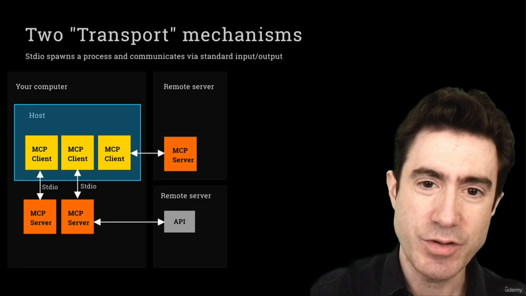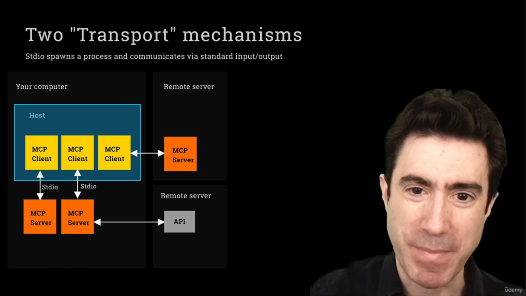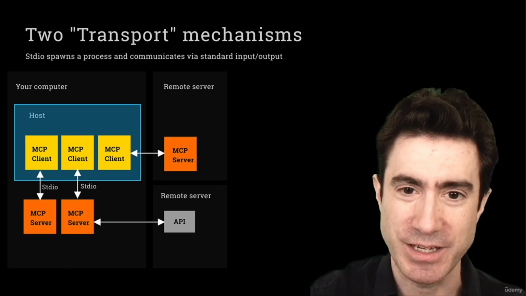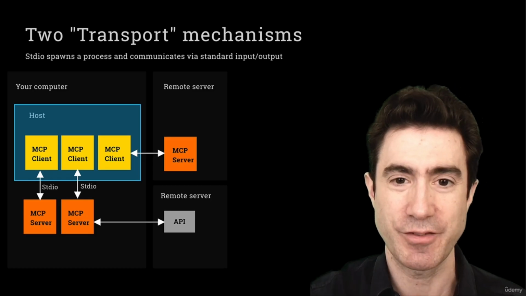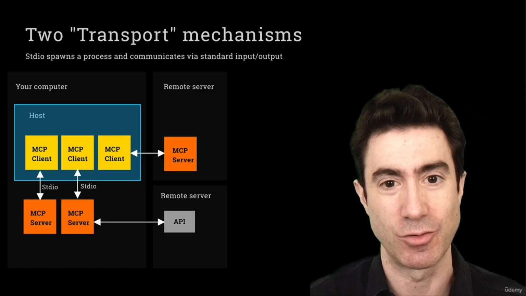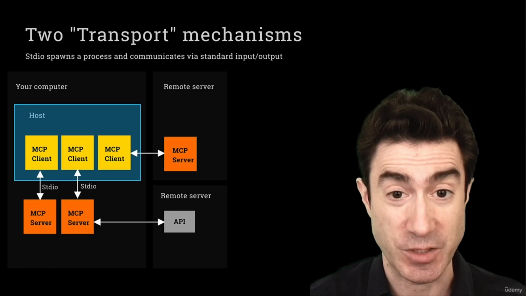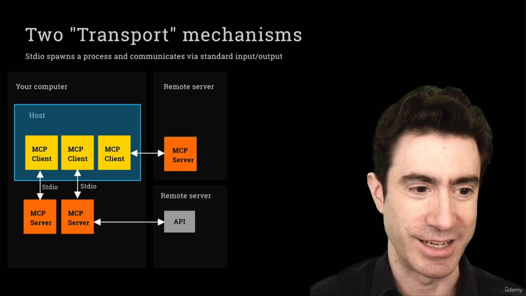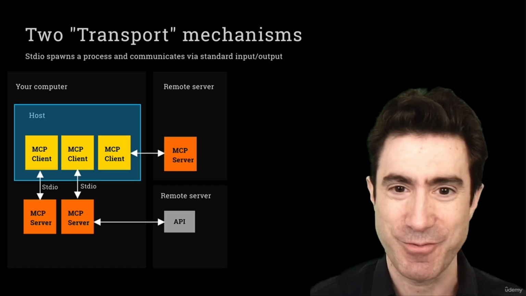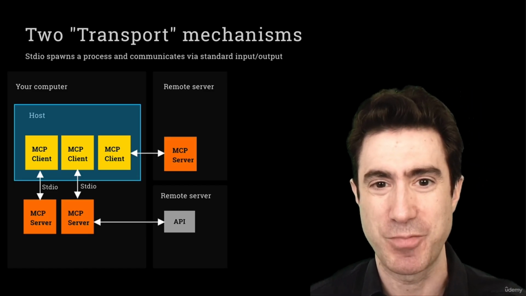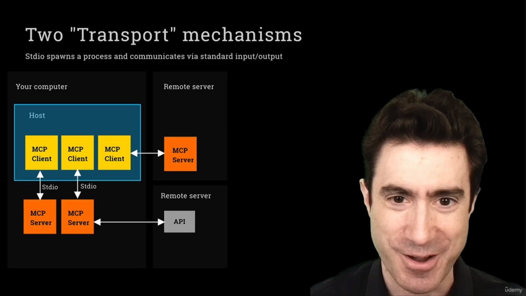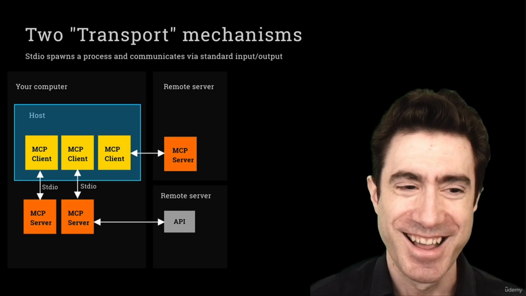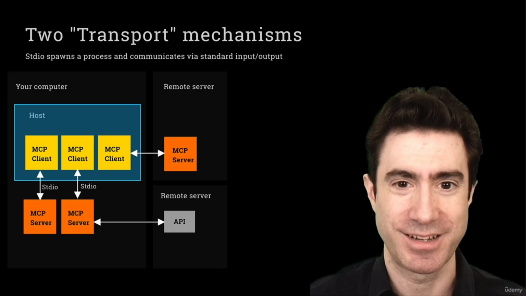Now, there are two different technical mechanisms for how MCP servers can work. Two different transport mechanisms, as they're called, in the official Anthropic spec so far. The first of them, which is by far the most common, is called Studio, spelled like that, which stands for Standard Input Output. I think some people call it STDIO, but I call it Studio. This is the simplest approach.